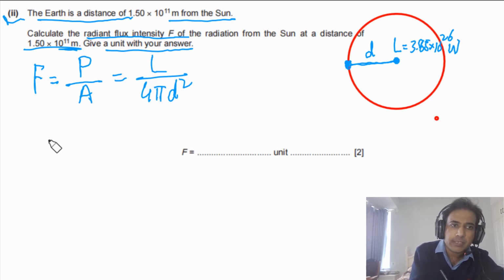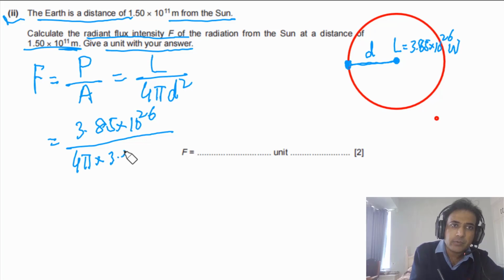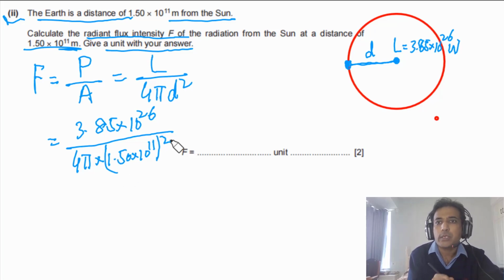Now we simply plug in values and we can find the value of F. So this is 3.85 times 10 to 26 divided by 4 pi times, d is 1.50, so we plug in 1.50 times 10 to 11, squared.